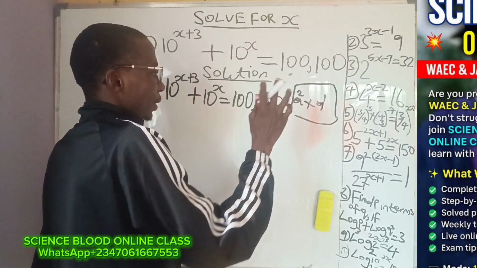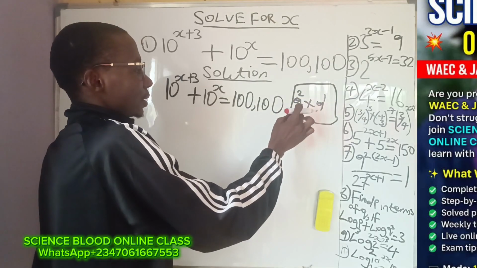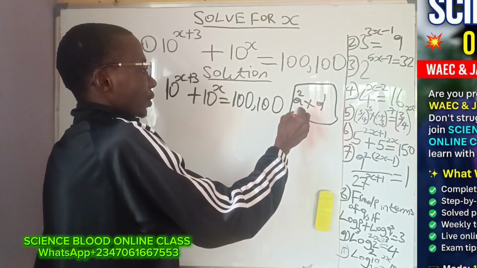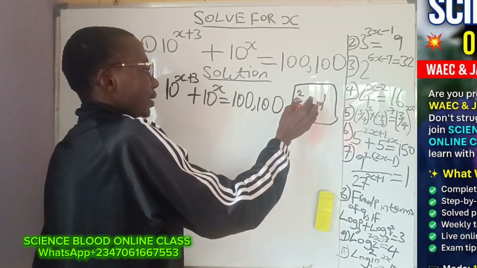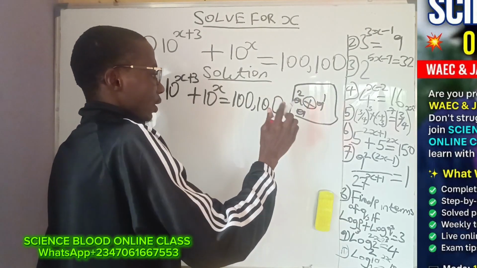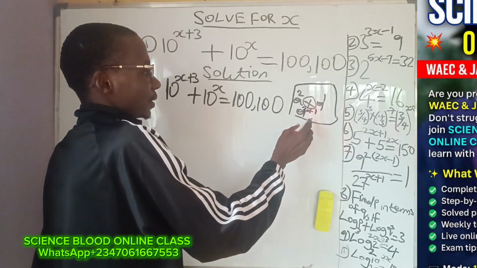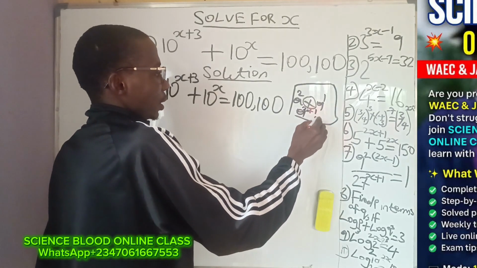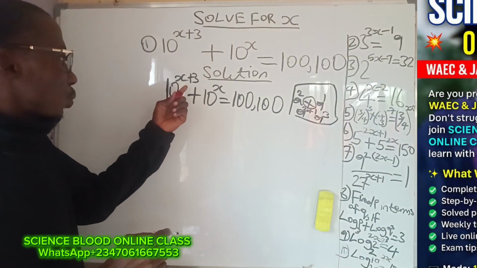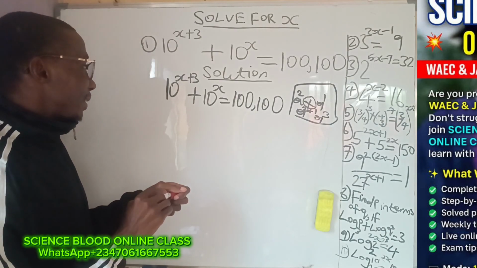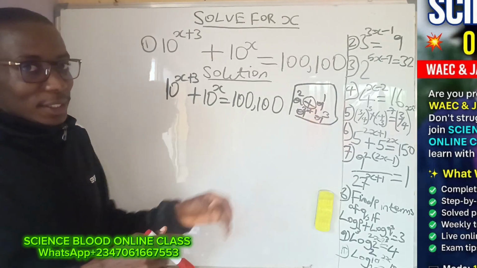When you have an equal base, the multiplication law says you pick one of the bases and add their indices. This will give us a to the power of 3. Take note. That is what happened here, and you are going to split this to suit what we just did here.